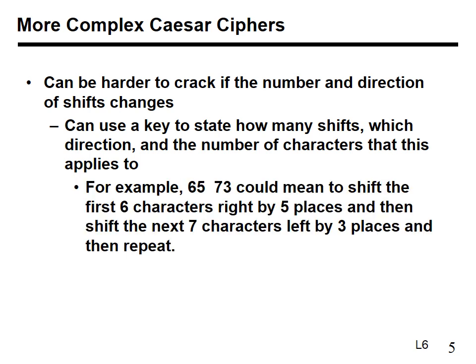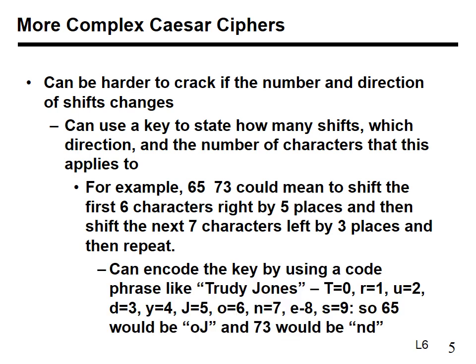For example, we could send a coded message like 6573 for the key. This could mean to shift the first 6 characters right by 5 places, and the next 7 left by 3 places, and then the next 6 right by 5, the next 7 left by 3. This is going to be very hard to decipher if you don't know what the key is.